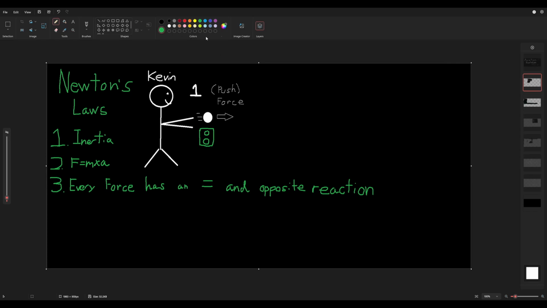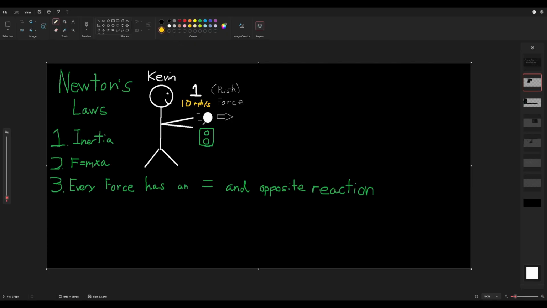What's going to happen is that the acceleration of this baseball might be 10 miles per hour per second, meaning that it is increasing 10 miles per hour every second.